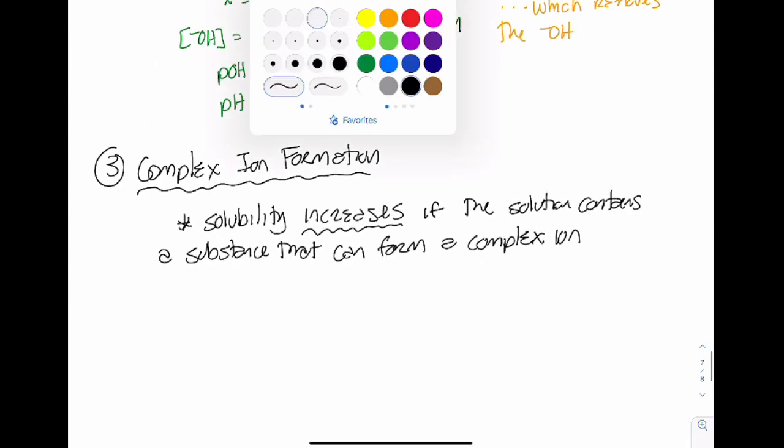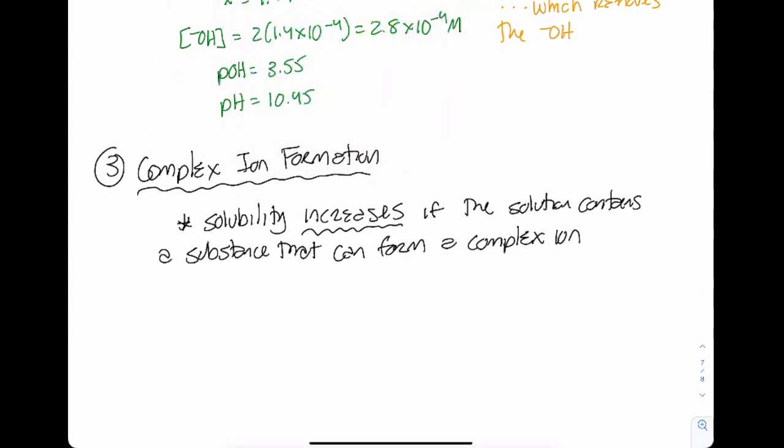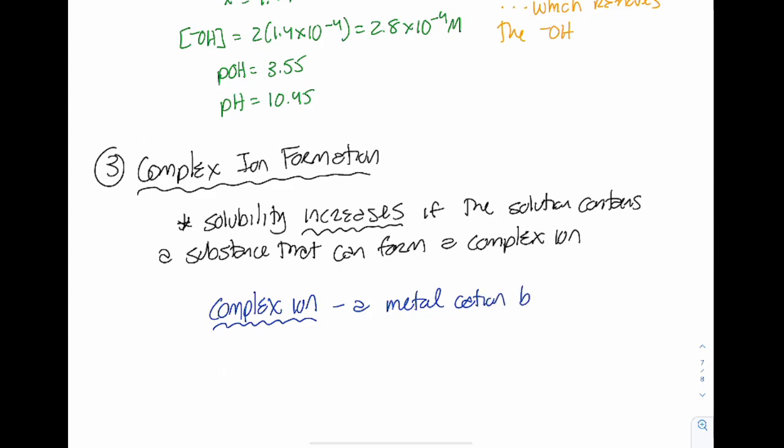And what a complex ion is, it's a metal cation bonded to one or more molecules or ions.